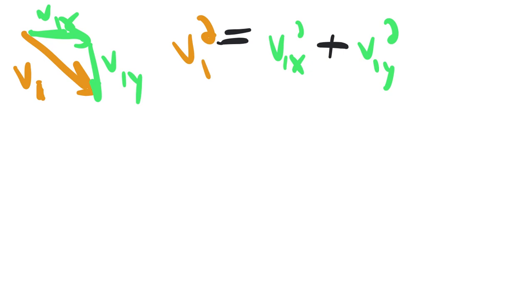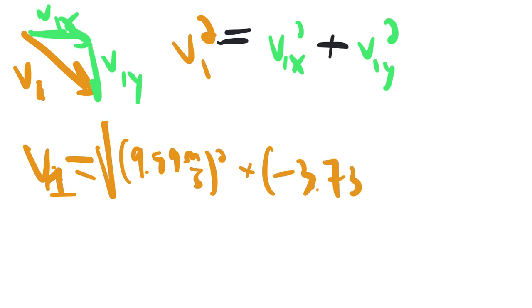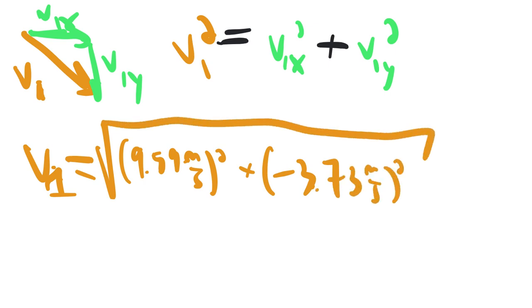That is just going to be Pythagorean. So I can just grind that out and find that v1 is the square root of 9.59 meters per second quantity squared plus negative 3.73 meters per second quantity squared. Word to the wise, definitely put this in parentheses if you're going to put the minus sign in. Otherwise, it will evaluate the difference rather than the sum of those squares, and that would be bad.